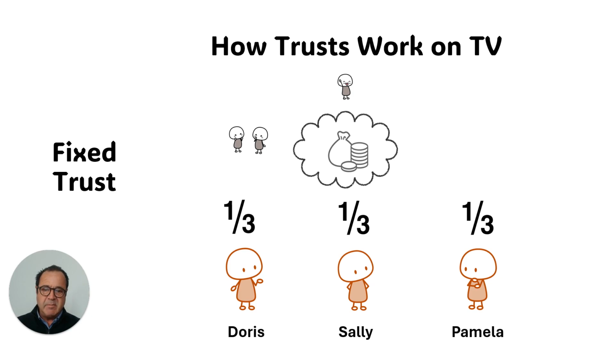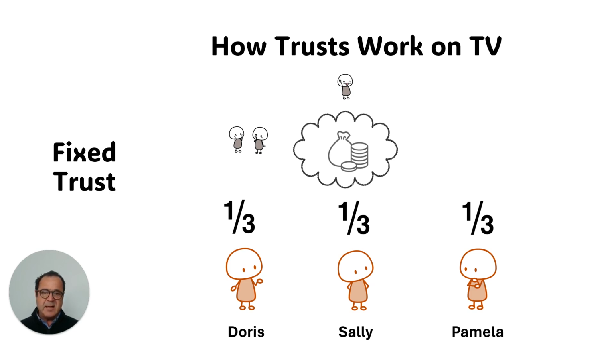For example, it may be that Sally, by the time she's 25, is incredibly rich, and she doesn't need the money anymore, whereas Doris and Pamela are struggling financially, and it would probably be fairer to maybe give more money to Doris and Pamela and less to Sally, but this is a fixed trust, so there is no choice, there is no freedom in that way.